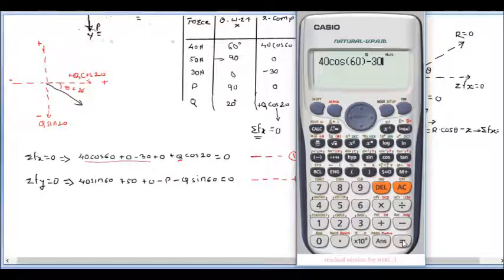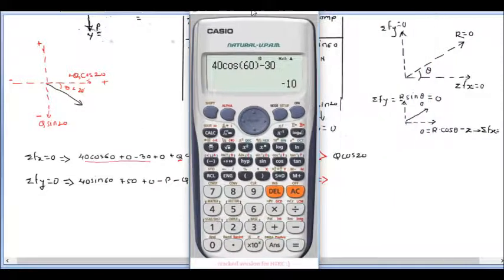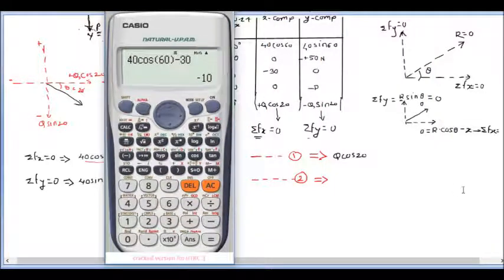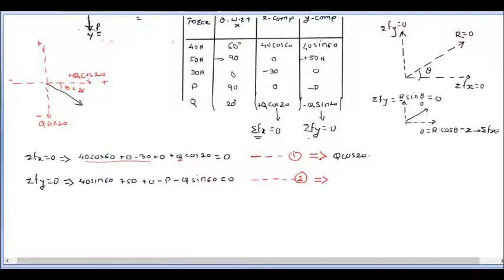So I will calculate it, and this value comes to minus 10. I will write down that value as minus 10. This is equal to 0. So one equation we will get, that q cos of 20 is equal to 10. This is the first equation we got.